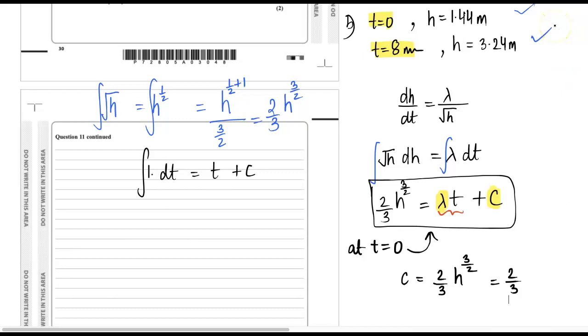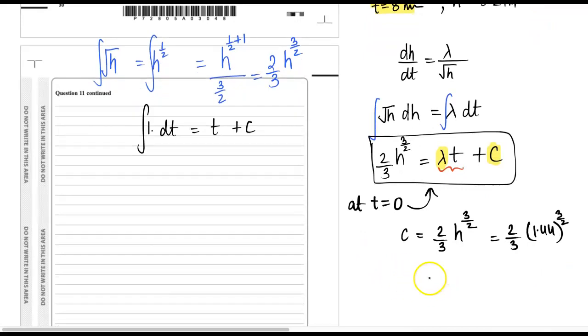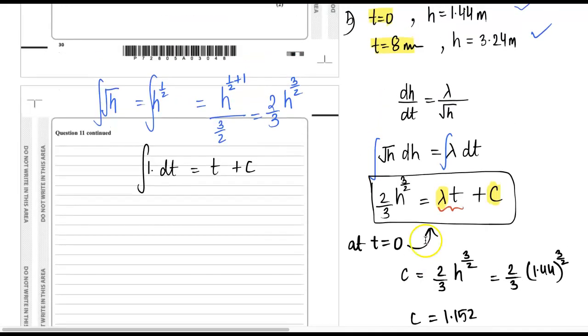Sorry about that. Please bear with me. I got 1.152, if you got the same. So c we've got. Now for lambda.